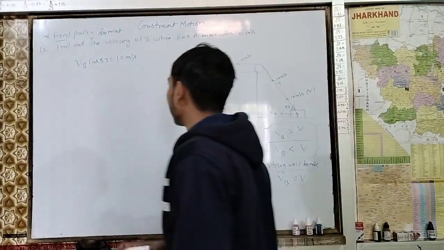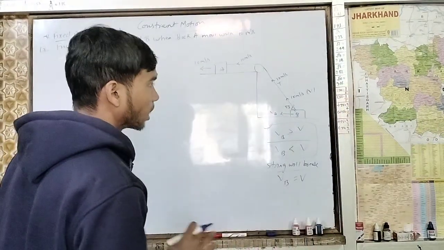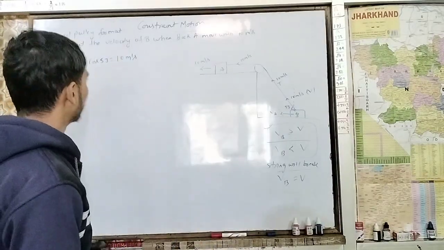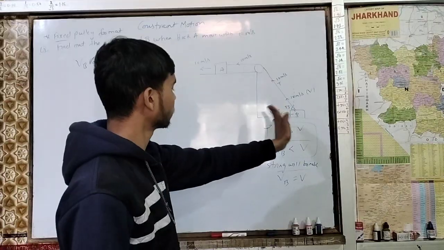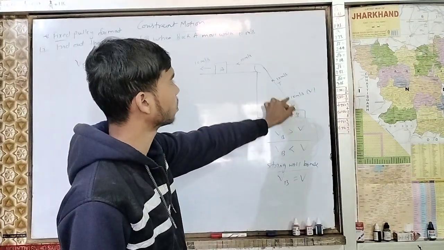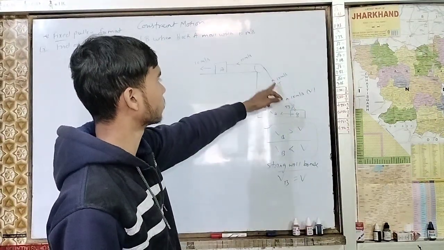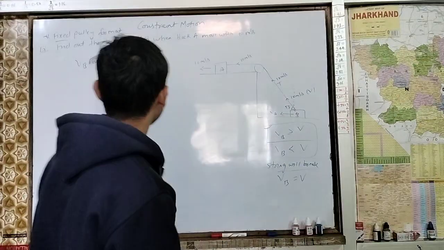Then we are not going to care about components. Whatever the velocity in this direction of B is will also be equal to the resultant of this string.